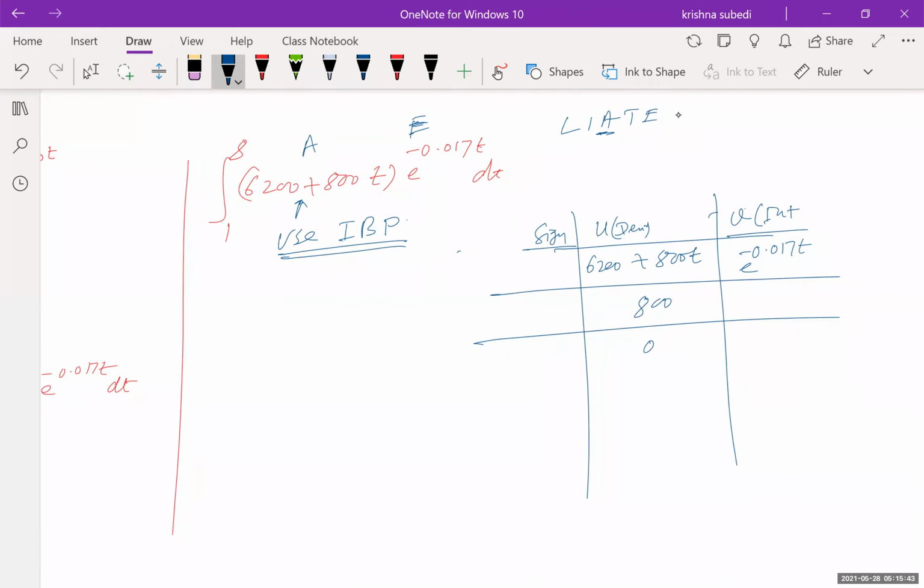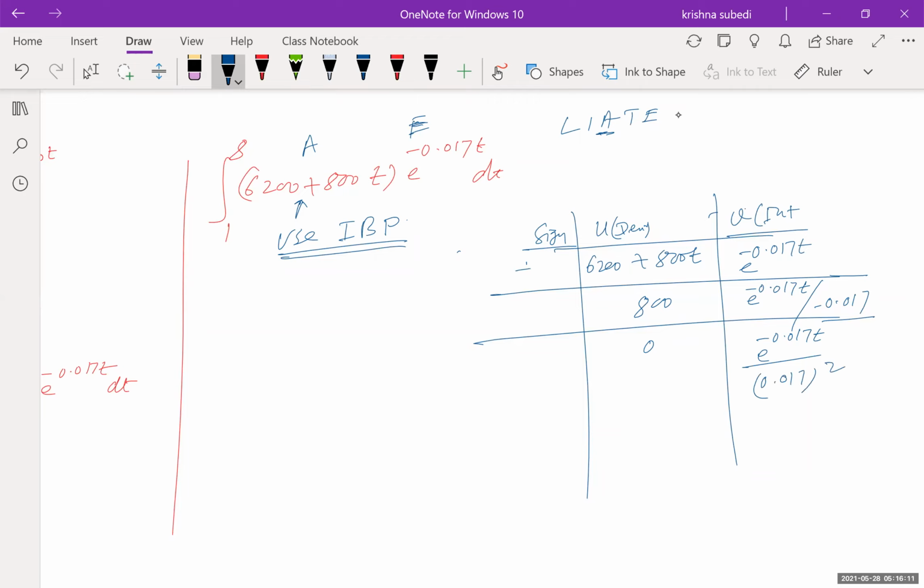Here your integration is e raised to power negative 0.017t over negative 0.017, and if you do the integration again, you're going to get e raised to power negative 0.017t over positive 0.017 squared.